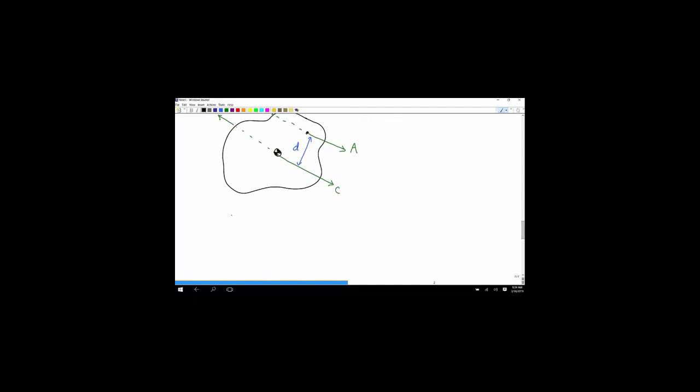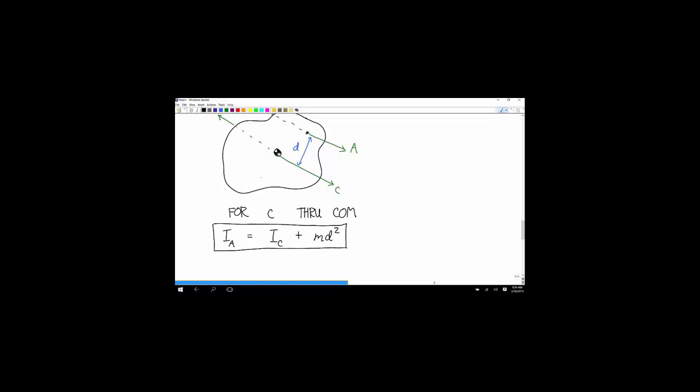So for this line C that's through the center of mass, the relationship we have is that the mass moment of inertia of this body about A is equal to the mass moment of inertia. Yeah, no, this is right. Mass moment of inertia about A is equal to the mass moment of inertia about C plus the mass of the object times the distance squared.